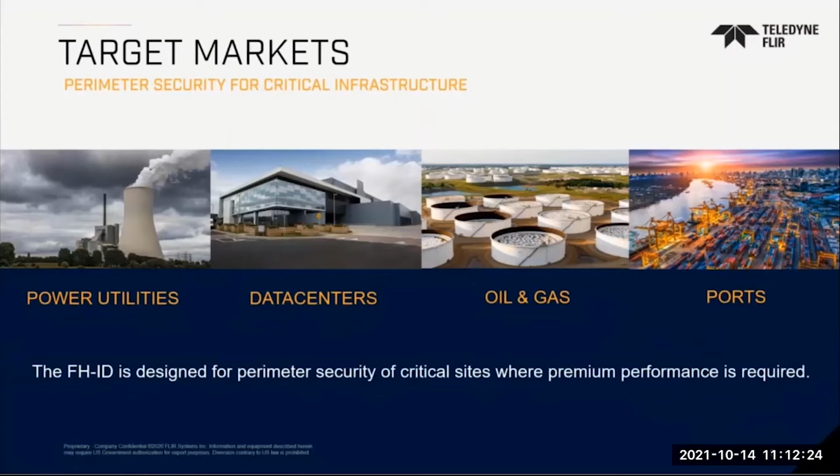This is where the performance is the measure of what the customer is going to choose as far as their perimeter protection solutions. We're talking about power utilities, data centers, the ones that you can see on the right-hand side as well. Anything large and open that has a perimeter that needs to be protected fits right into the wheelhouse of the FH-ID camera.